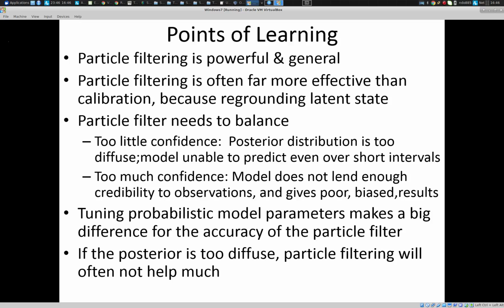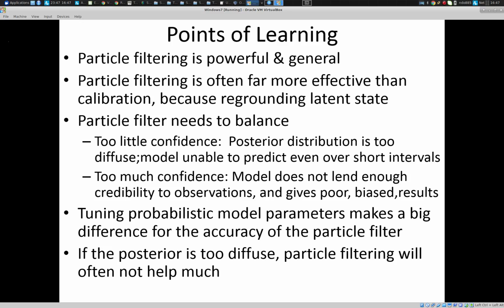So a couple points of learning. Particle filtering is powerful in general. It does require some learning and experimenting with it, tuning parameter values, etc., so that it matches really well when applied to historic data, predicting forward more historic data. And then once we've gotten those meta parameters, the hyperparameters associated with the distribution, we could use it going forward with much, much greater confidence.